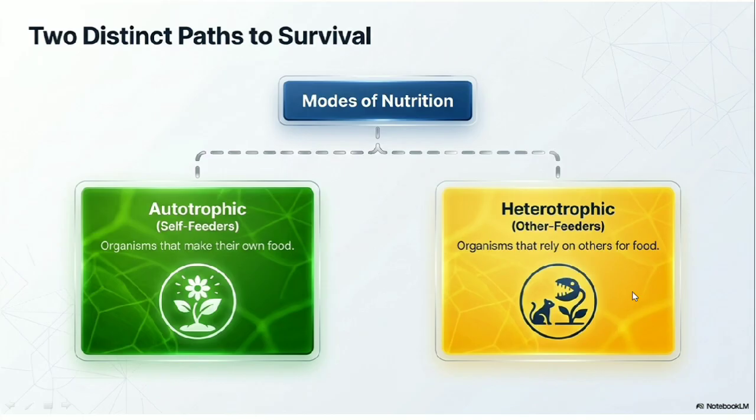So how does the path of survival differ in plants and in animals? The self-feeders are called autotrophs, whereas other feeders are called heterotrophs. In autotrophs, the example is plants, whereas in heterotrophs the examples are animals and humans.